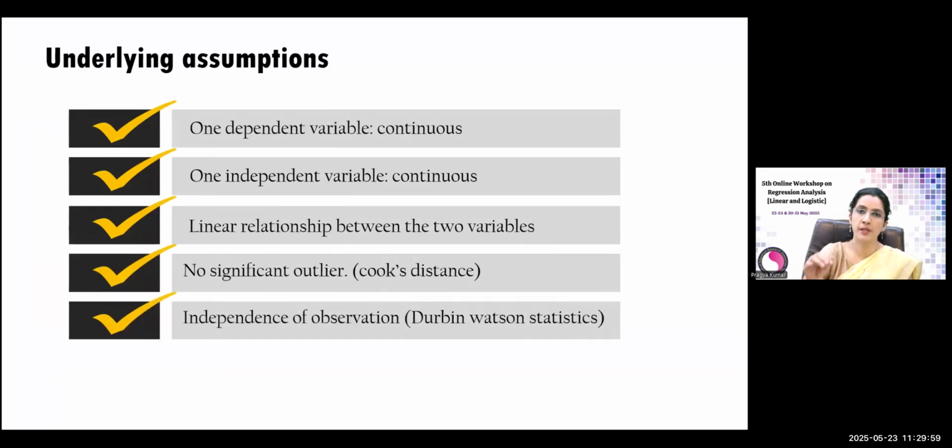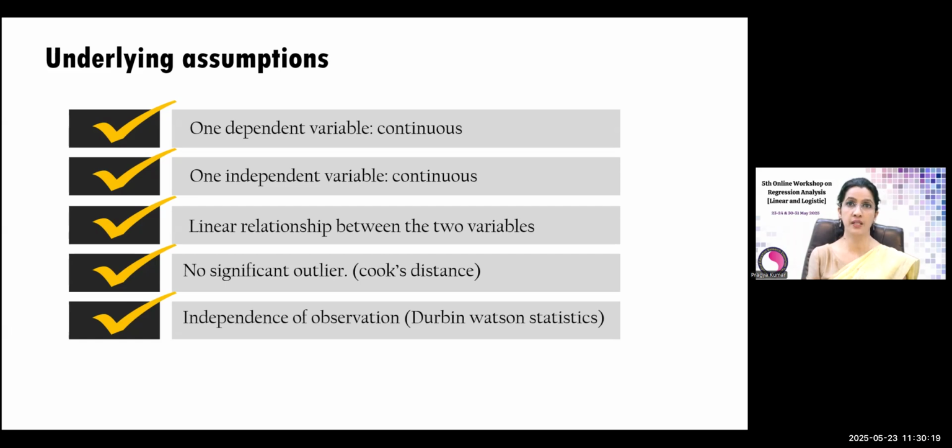In case of a normal descriptive, generally what we use, which you people have written, is the box and whisker plot. But in case of a regression, there's another statistical objective concept, which is known as Cook's distance. And we use that Cook's distance to label something as a significant outlier.